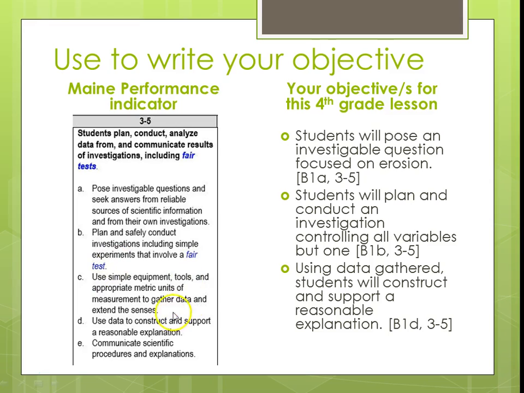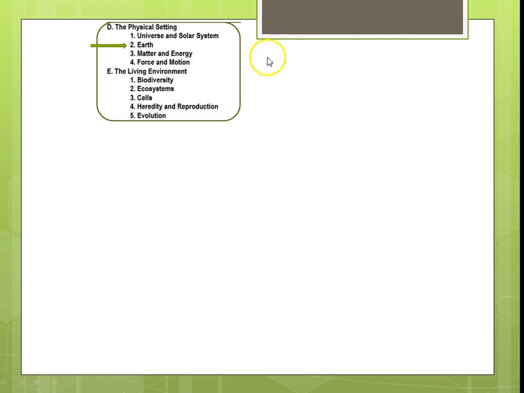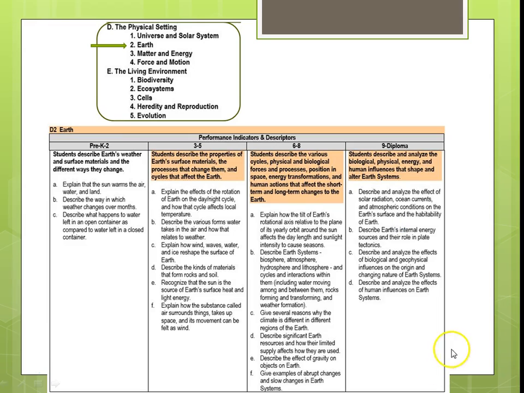So you have to pick and choose knowing what your activity is, what your lesson is. Now let's look at the final grouping. The final grouping was actually the content. And if you recall, I picked Earth because this is under Earth Science. Here's the page. Again, we're focused on the 3 to 5, so I just focus on that.